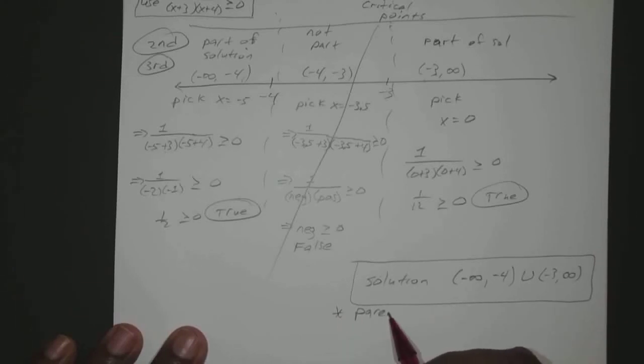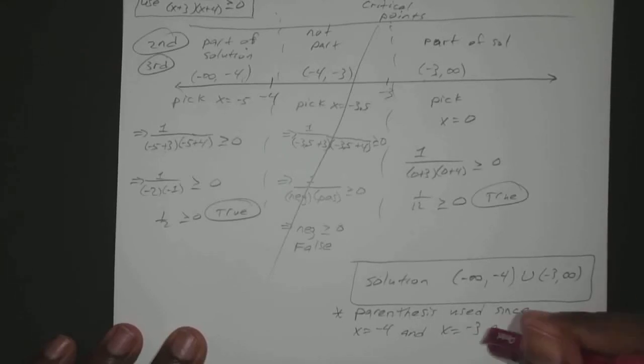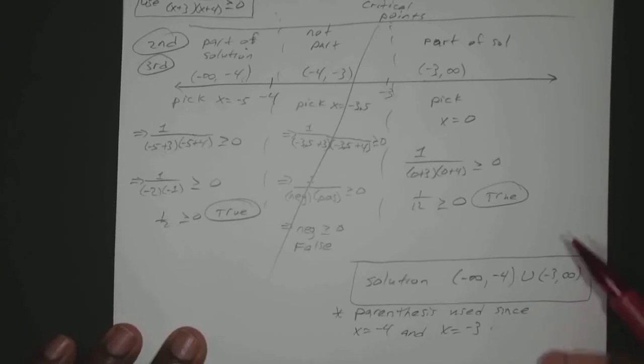Make that a little side note: parentheses used since x equals negative 4 and x equals negative 3 make the denominator equal 0.